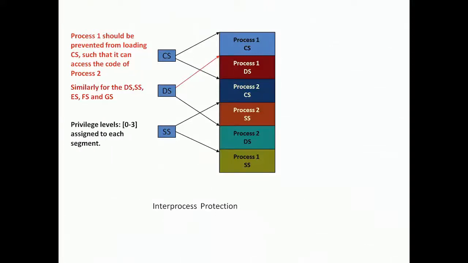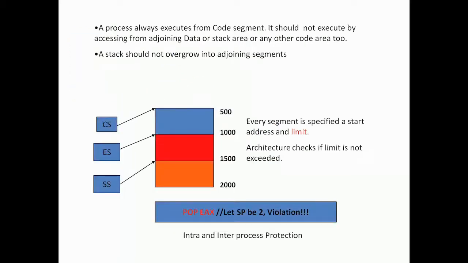So in this context, already in the previous slide I talked about intra process protection. My code and data and stack could not be accessed by each other, like I can't execute on my data or stack, and data can't write onto stack.